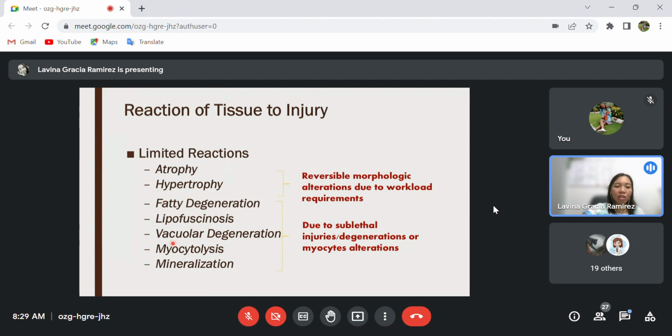Myocytolysis and mineralization are more severe compared to fatty degeneration, lipofuscinosis, and vascular degeneration. We mentioned fatty degeneration as the earliest sign of a cell undergoing necrosis. In myocytolysis and mineralization, they are already at a degree of necrosis.